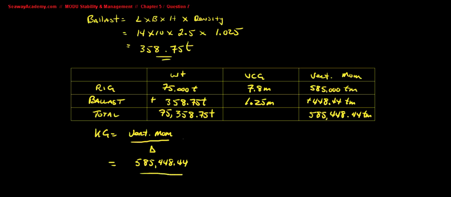Divide this by the new displacement, which is 75,358.75 tons. You get a KG of 7.77 meters.